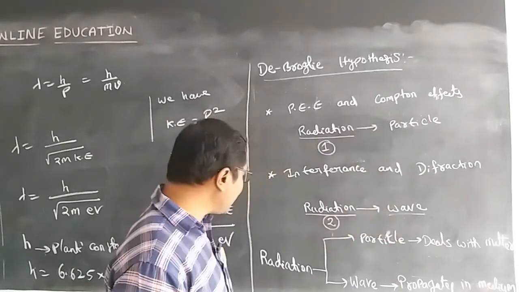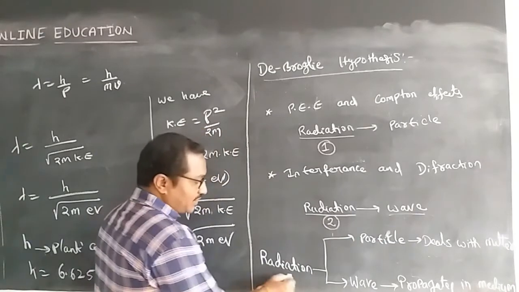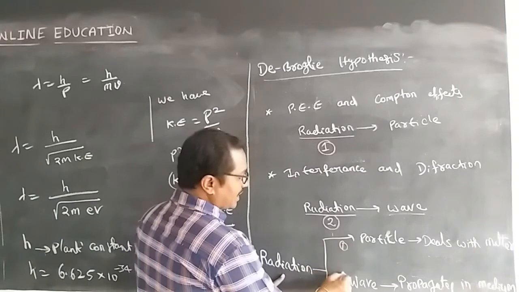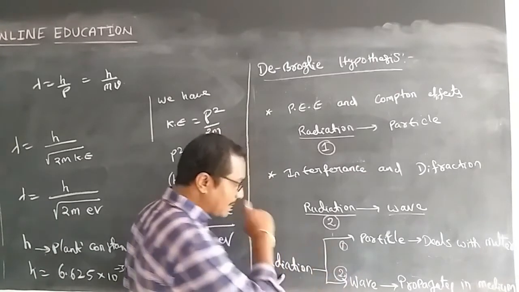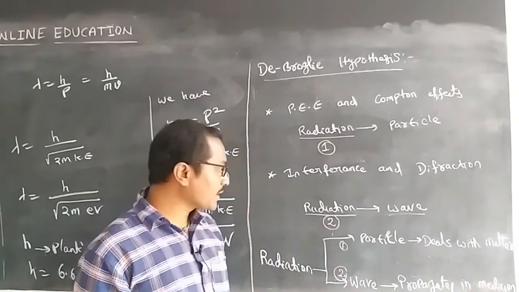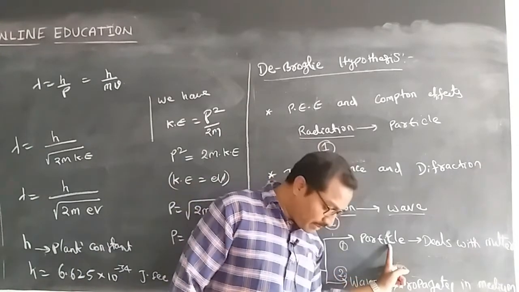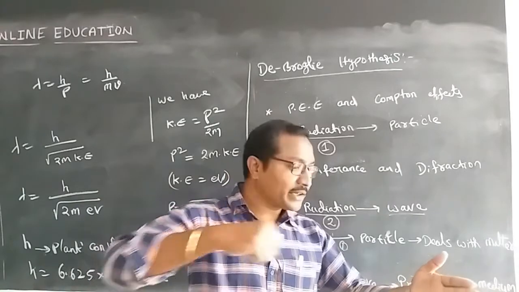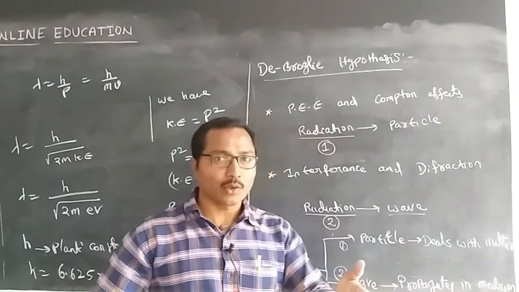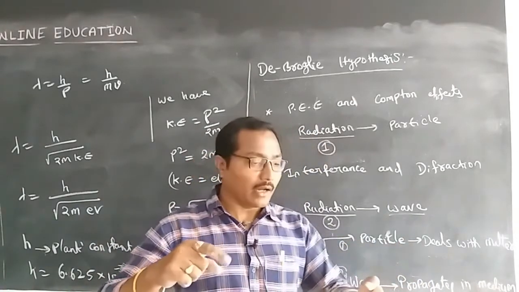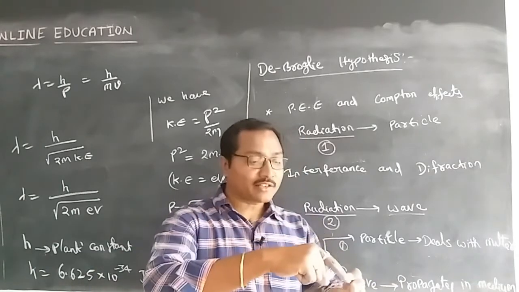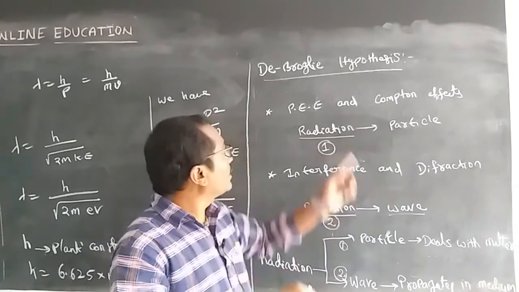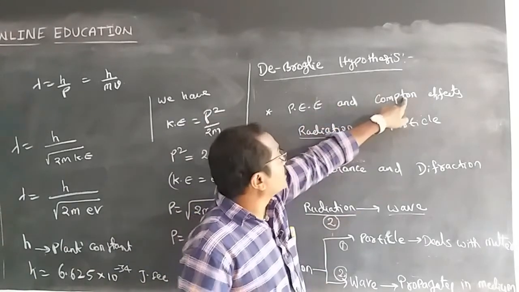Now let us take a look at this. This is a single radiation and here we have the particle. This is the first case. Here we have the wave, the second case. When this radiation behaves as a particle, it means whenever this radiation deals with some matter, for example, it is incident on some obstacle.